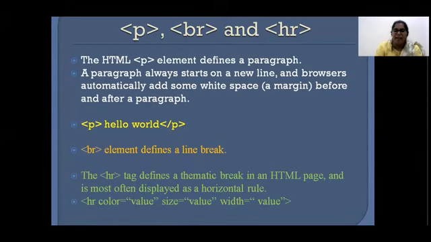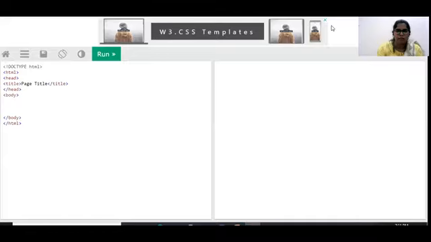So we can give the line a color. We can give any color here; this is called an attribute, and this is called the value of the attribute. We can also give the size of the ruler and how much width it should have. Either it should be half of the page or the full page, or it could come as a small one, a little bit like an underline. We can decide that with the help of these 3 attributes.